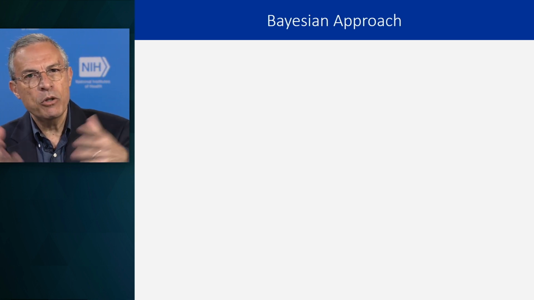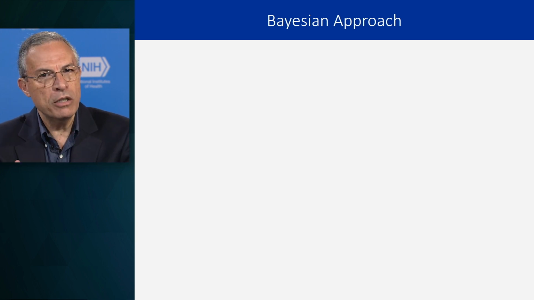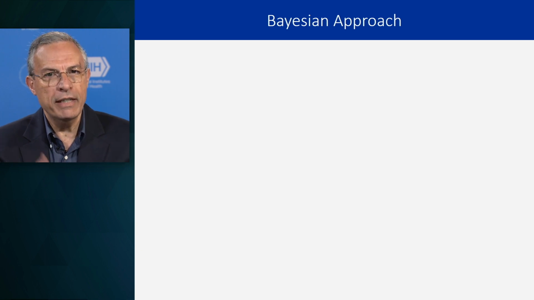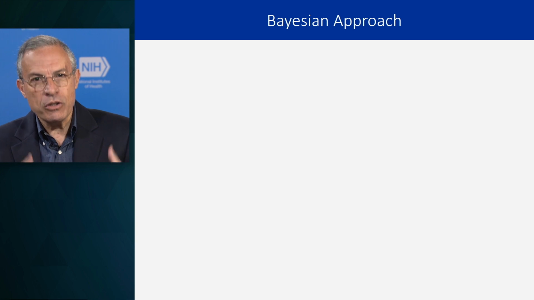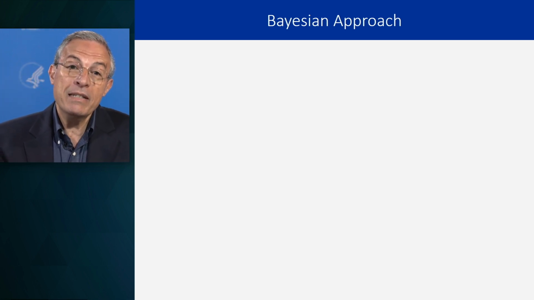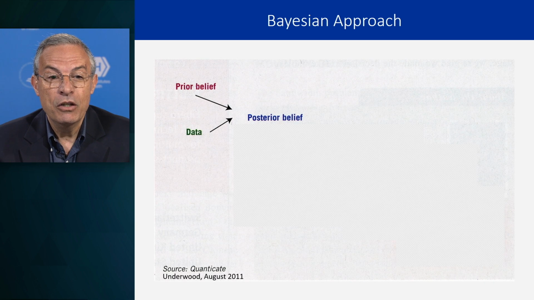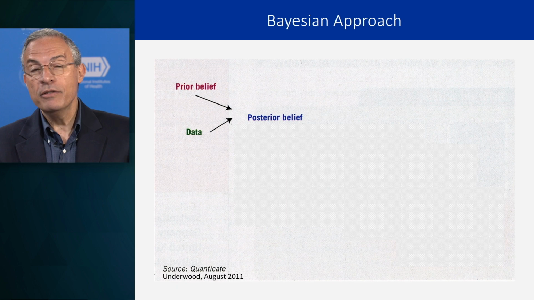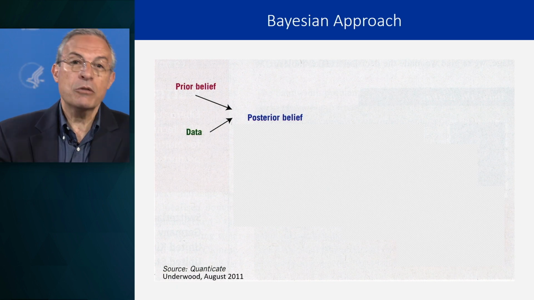And then as we observe, we update our beliefs. And then we observe some more, and we update our beliefs again. And so we move through life like that. We just learn and update our thinking. Well, Bayesian has the same logic. You start with a prior belief, what you think is happening. You don't know, that's what you think.